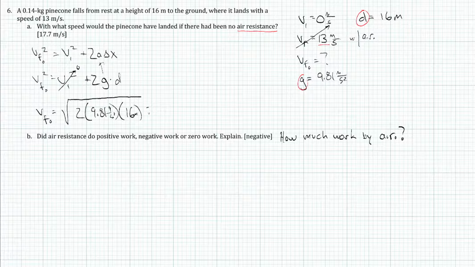What do we get if we multiply all that out? I'm doing this in real time: 2 times 9.81 times 16, and then I take it to the 1/2 power to do the square root, and that is 17.7 meters per second. And that's exactly what the question says.